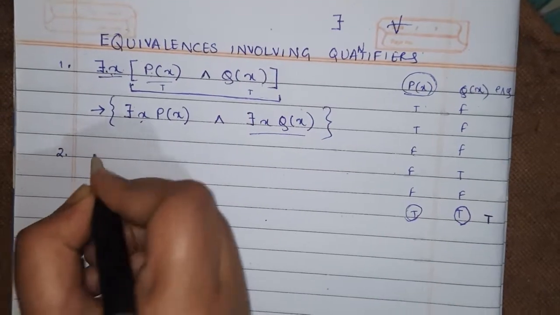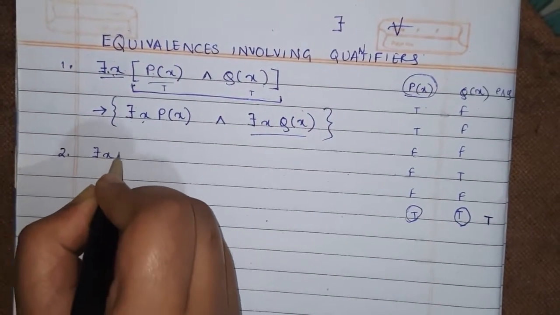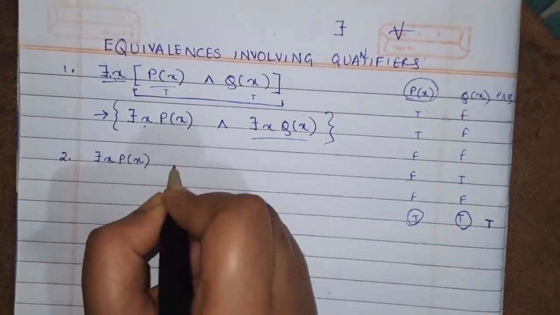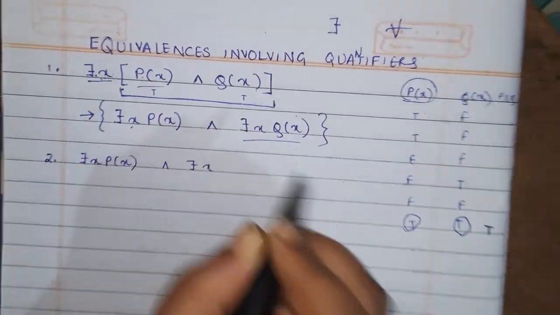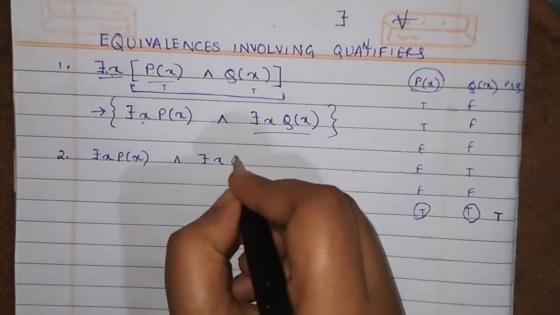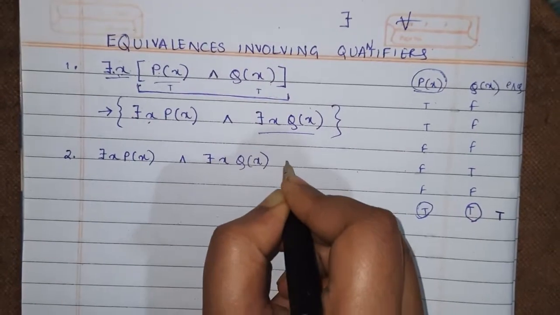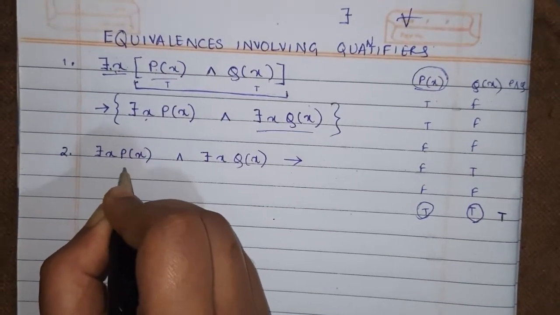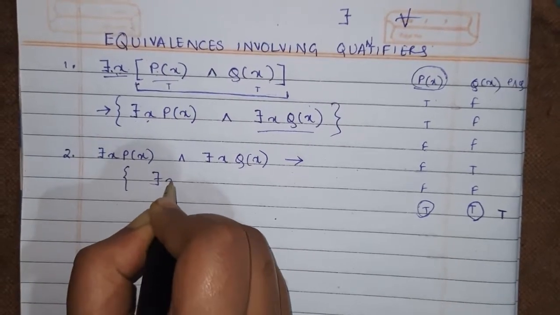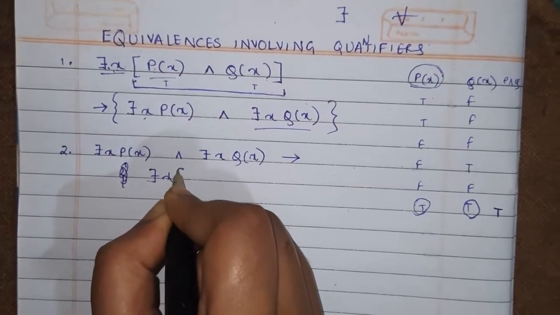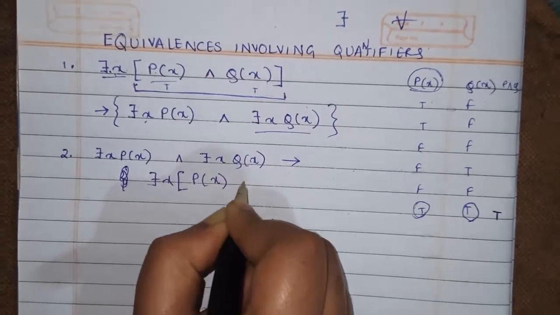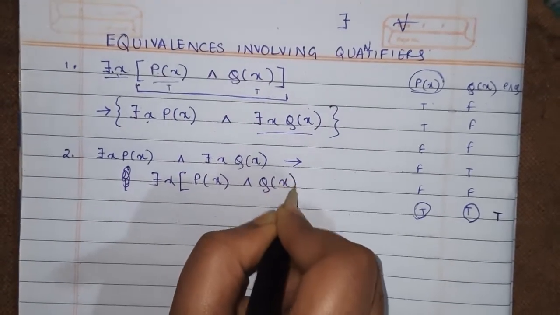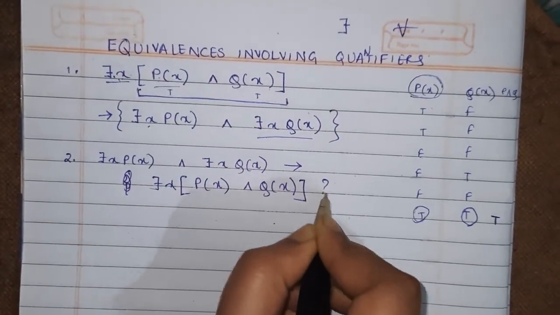Next, if we see the opposite, there exists x p of x and there exists x q of x, does this imply or is this equal to there exists x, p of x and q of x? Is this true?